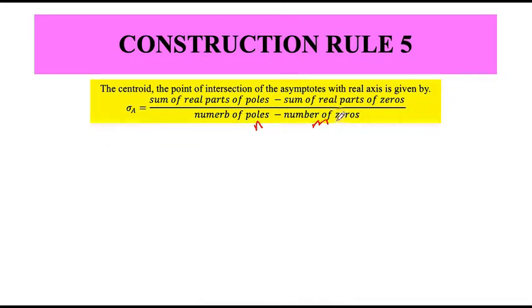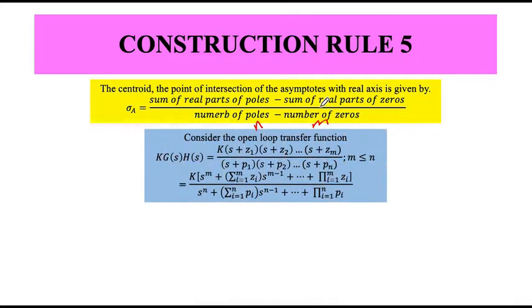What was the open loop transfer function? That is kGH. What I had was a set of zeros in the numerator and a set of poles in the denominator, where m is less than n.